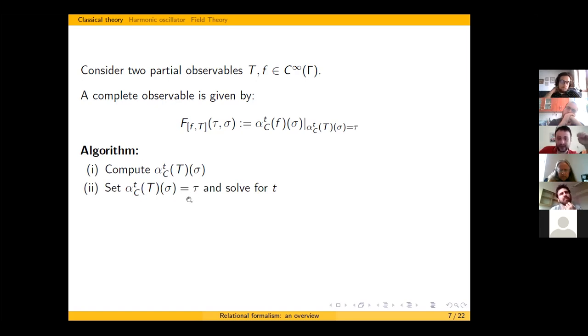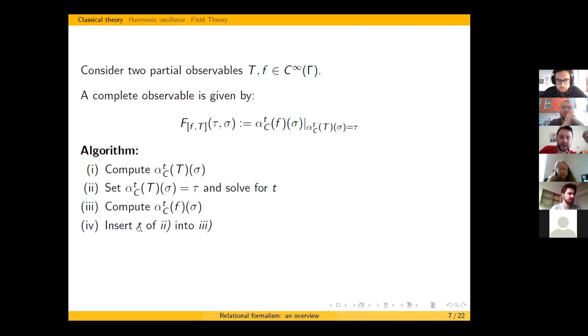This has a deep meaning: on this gauge orbit, if I take a measurement and measure tau, so we have exactly a number, then, if it is analytically possible to solve for t, we compute the other flow of the other partial observable at the same point sigma and substitute the t obtained here.